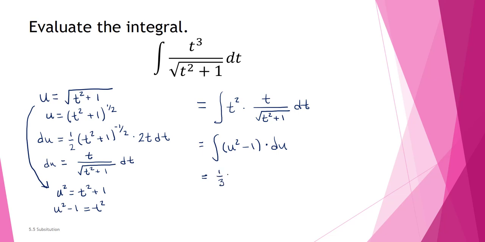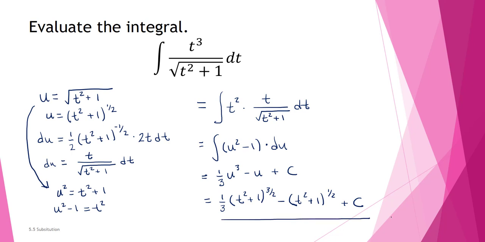We get 1/3 u to the third minus u plus c. And we replace u by this expression, the square root of t squared plus 1, or (t squared plus 1) to the 1/2, whichever you prefer. So I get 1/3 times (t squared plus 1) to the 3/2 minus (t squared plus 1) to the 1/2 plus c. And this is our answer.